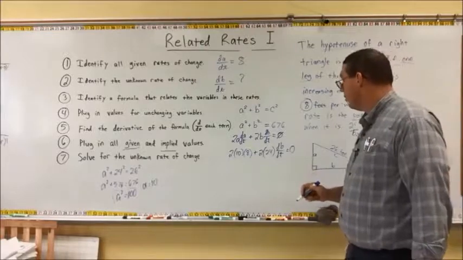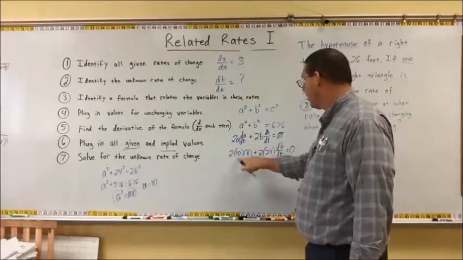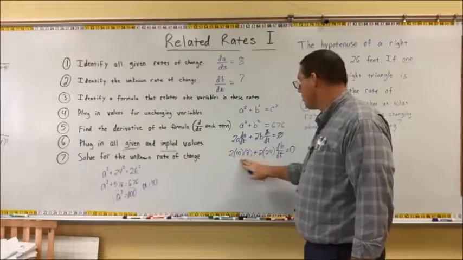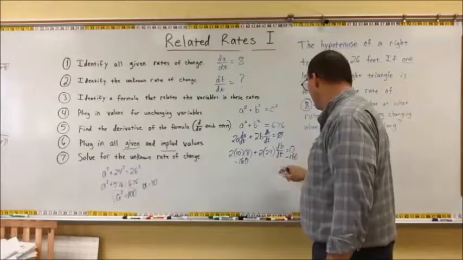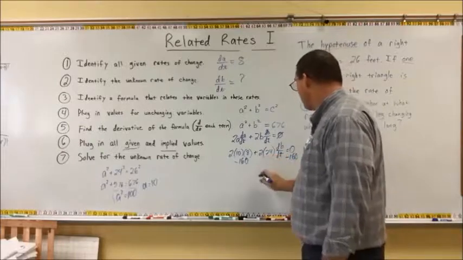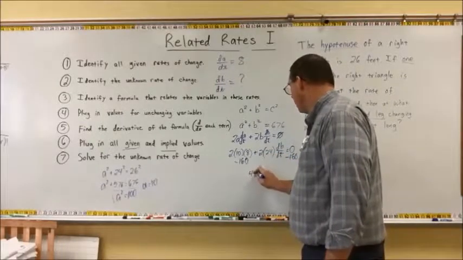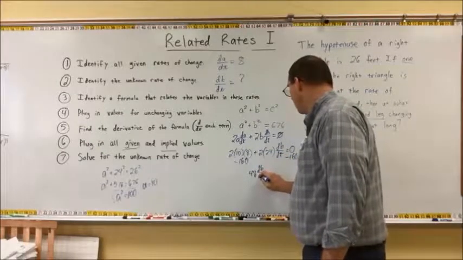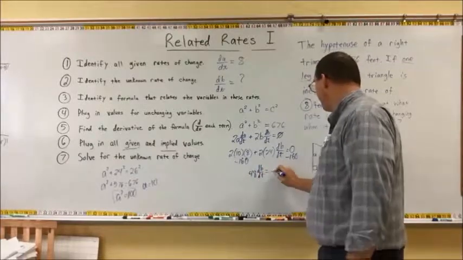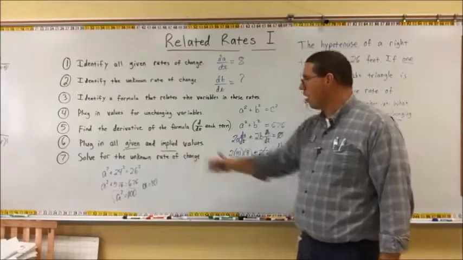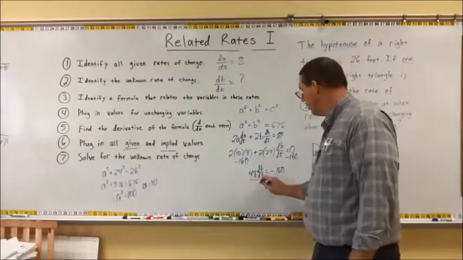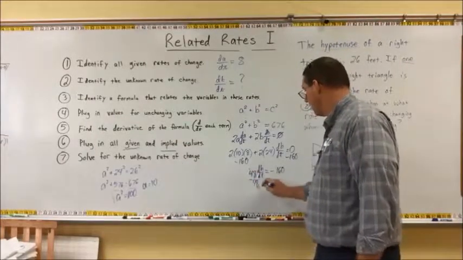And now here's what I'm going to do, I'm going to subtract 2 times 10 times 8, that's 160, from both sides. 2 times 24, that's 48. So I have 48 dB dt is equal to negative 160. Last step, step 7, solve for the unknown rate of change. Divide by 48 on both sides.